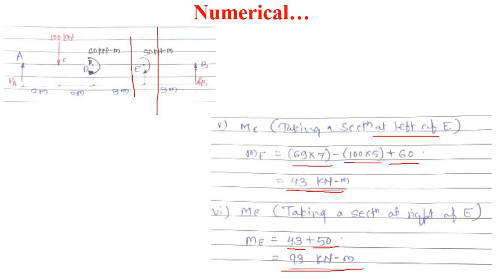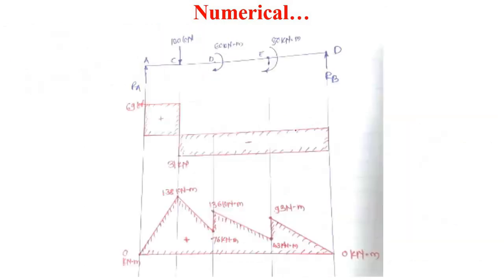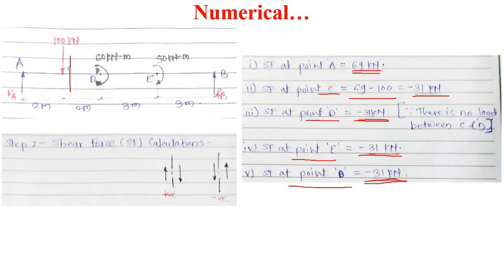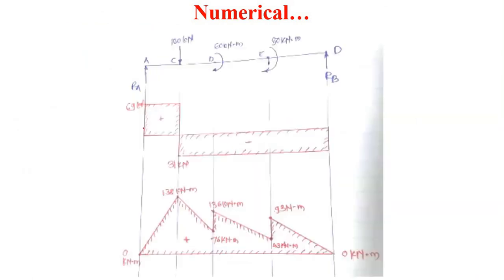After calculating all these values of shear force and bending moment, the next step is to plot the shear force and bending moment diagrams. While drawing the shear force diagram, at point A the value of shear force is 69 kilonewton. So mark this point, plus 69 here.